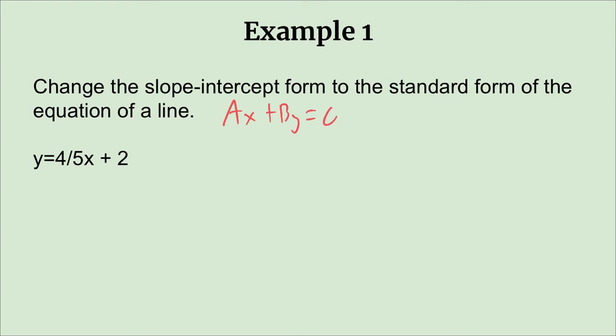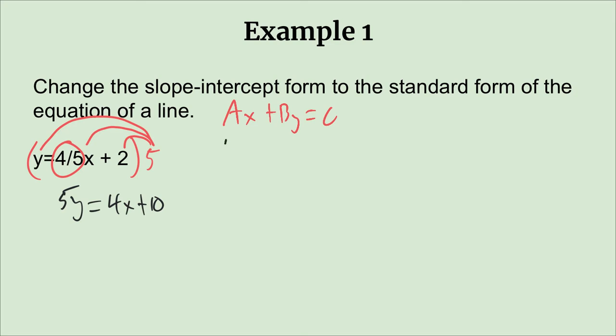We're going to start by multiplying this whole equation by 5 because we have a fraction here of 4/5, so we want to clear that fraction out. So that 5 goes to the y, it goes to the x, and it goes to the 2. We'll then have, sorry, 5y equals 4x plus 10.